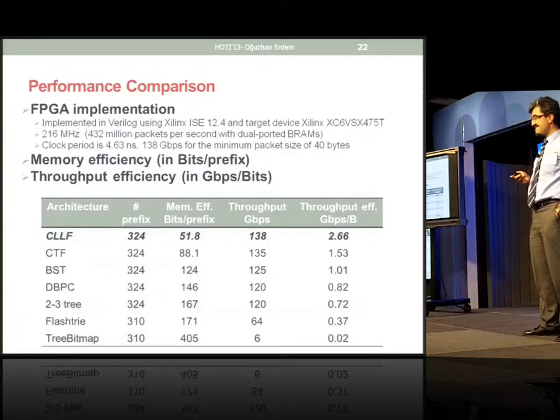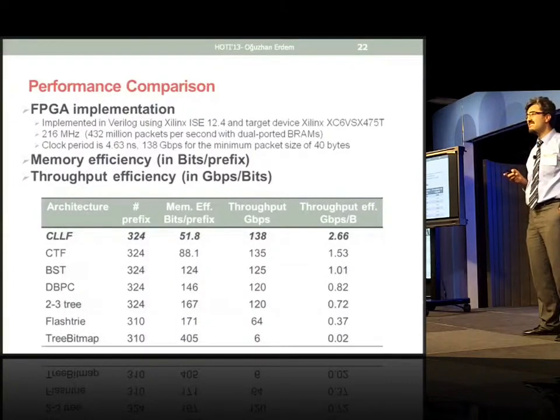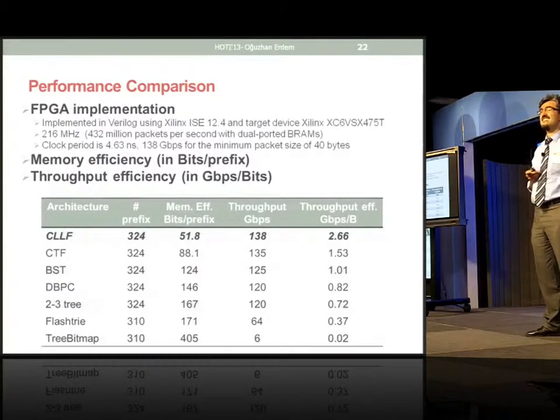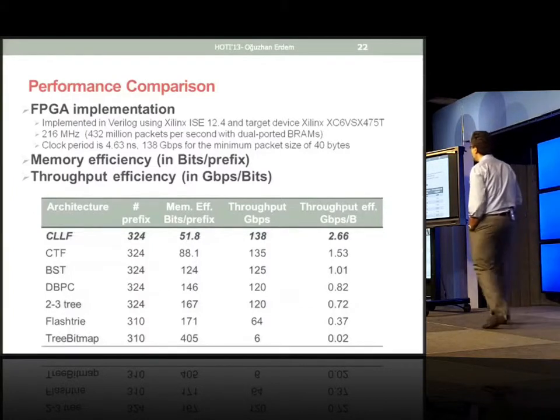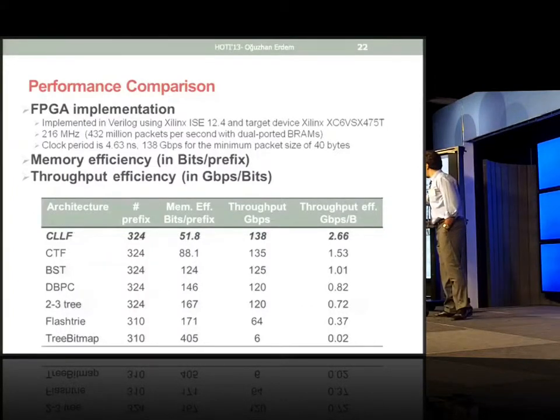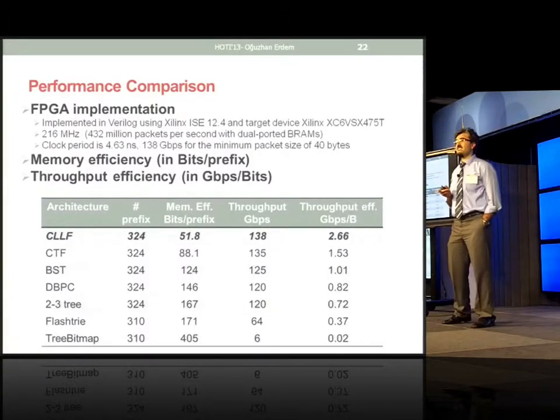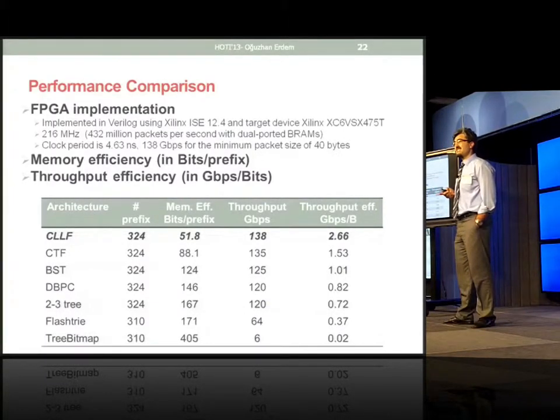Any more questions? I couldn't hear. Could you please ask? So my question is, the number of prefixes you're showing is 300 or so. Is it in thousands or just 300 prefixes? In K. 324K. Those are the number of rules? Number of prefixes, thousand.